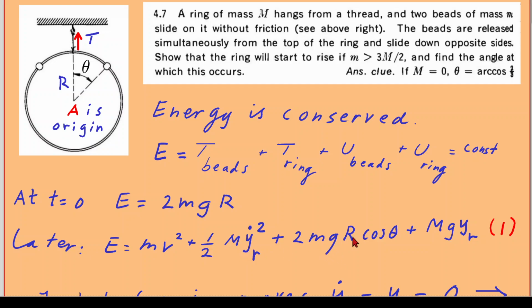And then you have the potential energy of mg times this height, mgR cos theta, and then the same for the other one, so two of them. And then potentially mg times the y value for the ring above 0. That is, if the ring's center of mass has started to move.